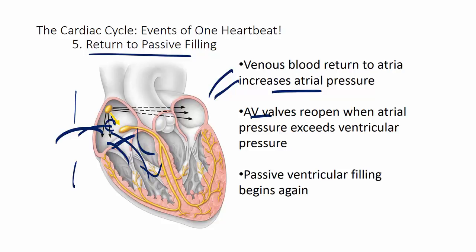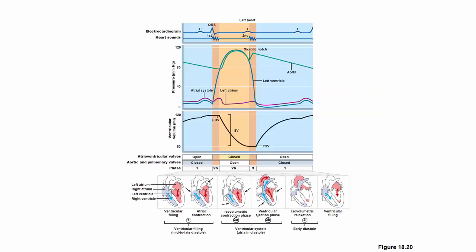Okay, so this is just a cycle of how the valves open and close as the blood is flowing through the heart, in conjunction with ventricular systole and ventricular diastole. So I say that because you need to be able to think of all of these things going on, and picture in your mind and on a piece of paper how all of these events relate to each other.